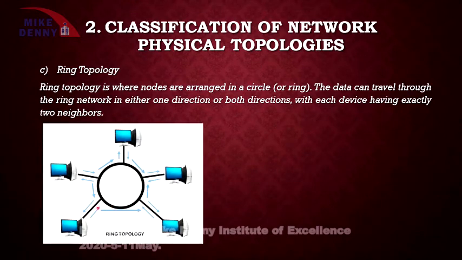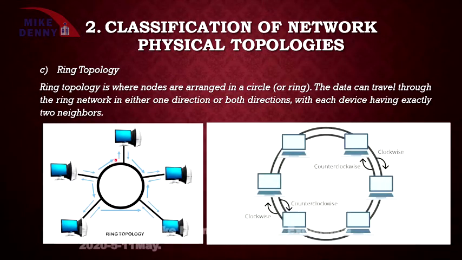This is what we call the ring topology, and this cycle is also called the ring. Then you have this computer having a neighbor from the right and a neighbor from the left. So all the devices within a ring topology have two neighbors, and the data flows according to this ring topology.